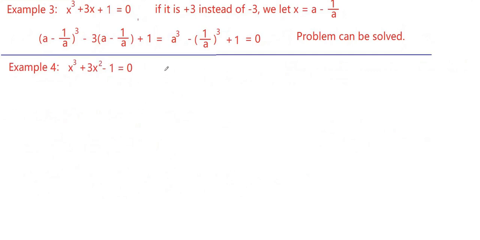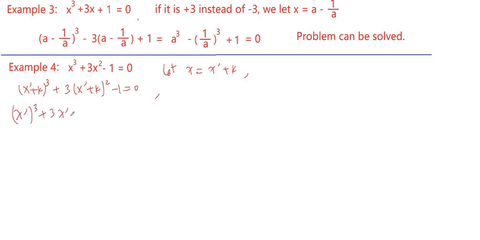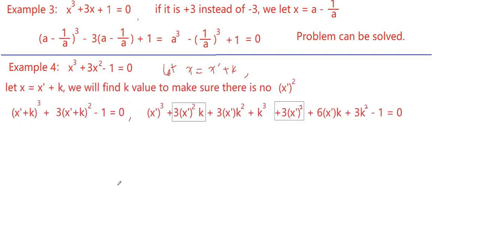Let's see the next example. Here it is a square over here. We need to eliminate the x square item. So we let x equal to x dot plus k. And x dot plus k cube plus 3 x dot plus k square minus 1 equal to 0.